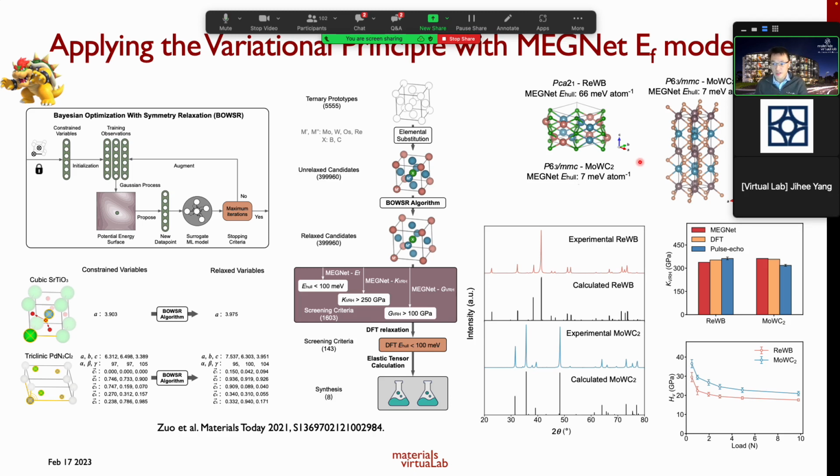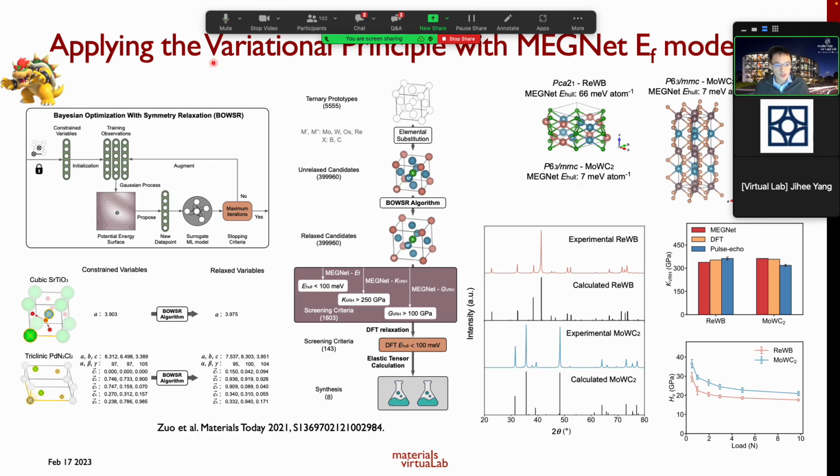And with this, we can naively try to apply the variational principle with the formation energy model, right? So when we do DFT relaxation, we change the lattice parameters and look at whether the new lattice or new atomic positions is lower in energy than the previous atomic positions, right? And so we can do the same, and instead of doing a DFT energy calculation, we can use MEGNet to predict the energy, right?